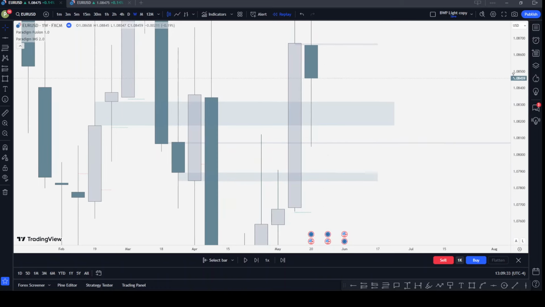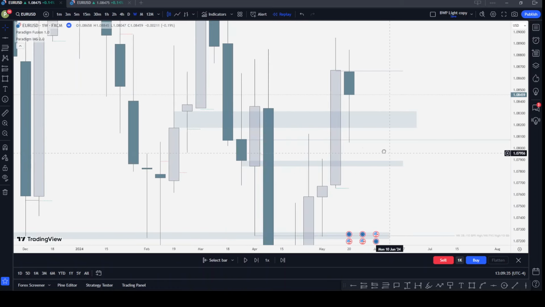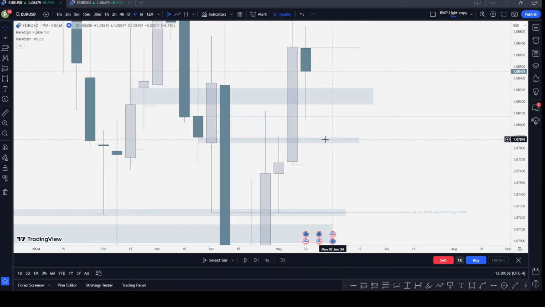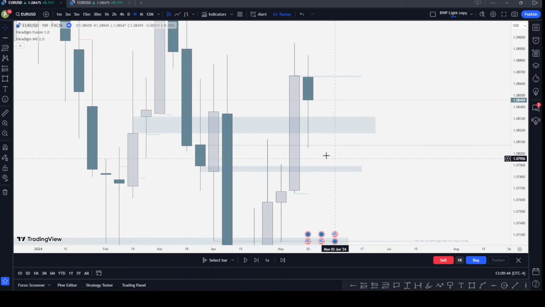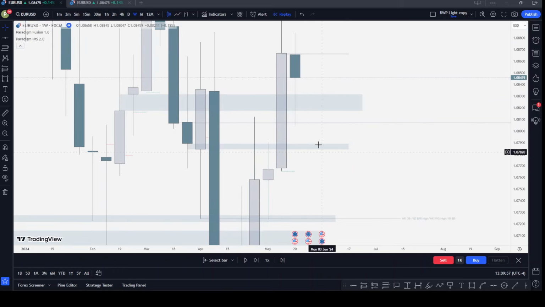Price has returned to this one, but it did not return to this one. There was another one we marked somewhere here that I removed. Price has returned to it now, so we don't deal with those. The closest is this one.